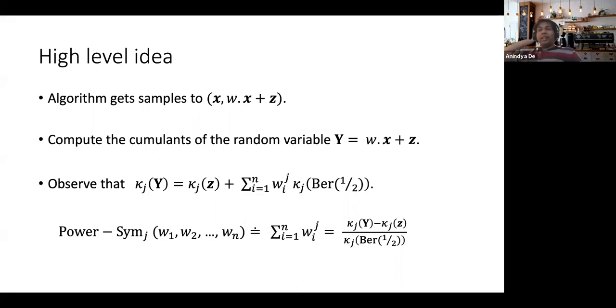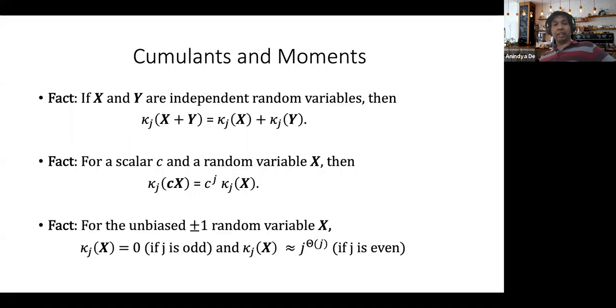The only thing is I divided, so when I'm dividing, I better be sure that the jth cumulant of Bernoulli half is not 0. In particular, I have to ensure that j is even. If j is odd, then this denominator is 0, because, as I said, if j is odd, the jth cumulant of the plus or minus 1 unbiased random variable is 0.